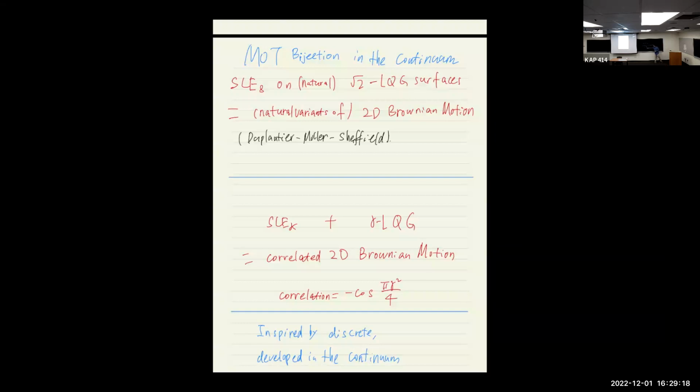And if you have this generic parameter, you need to change the correlation of the Brownian motion. The covariance is equal to this. Just as a sanity check, if you plug in square root of 2 here, this is equal to 0, which is the right number for uniform spanning tree.